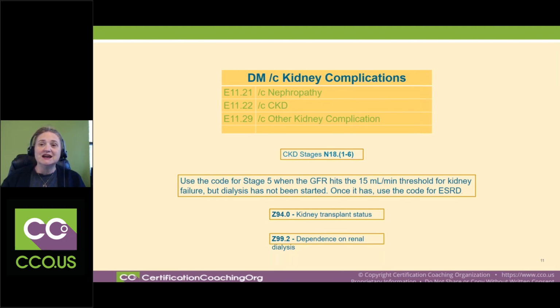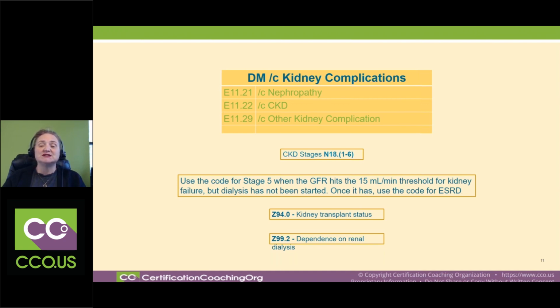There is .21 with nephropathy, and then .22 with CKD, and .29 offers other kidney complications. Now, whenever you use the E11.22, that 22 says, hey, by the way, we have to stage this DKD.